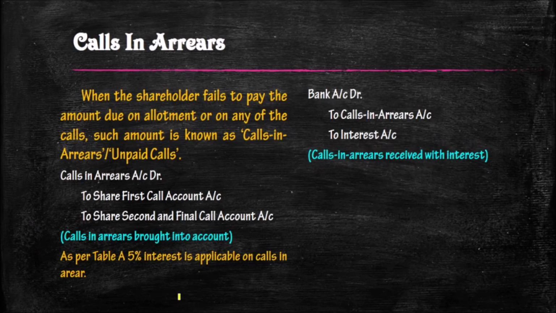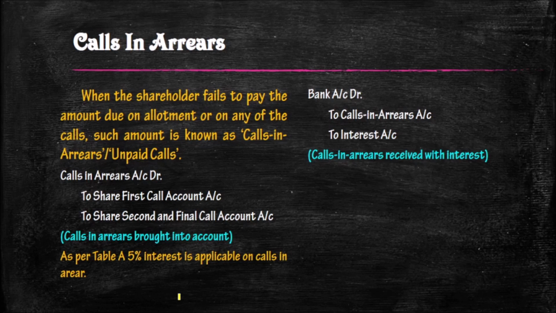My dear students, next important topic is calls in arrear. It is calls in arrear when the shareholder fails to pay the amount on the due date. If the shareholder fails to pay the amount of first call or maybe second call on the due date.